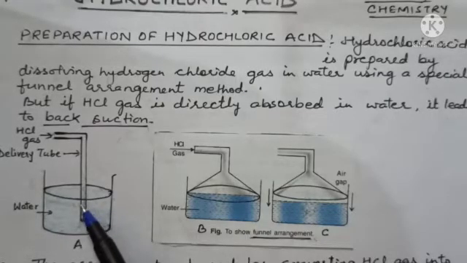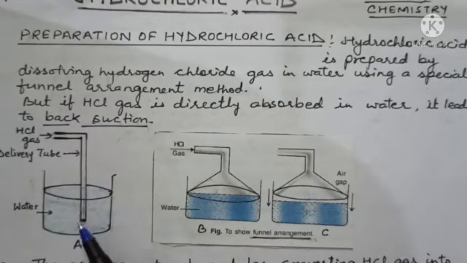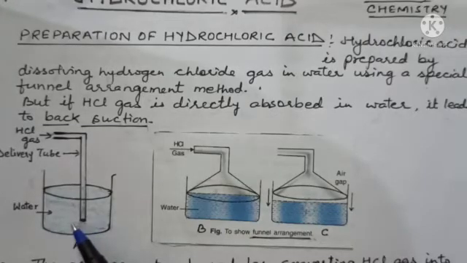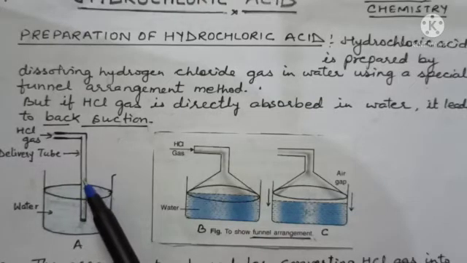And then a partial vacuum is created in the tube. Because of this partial vacuum, the pressure outside being higher causes water to be pushed up into this delivery tube and damage the apparatus. And this is called back suction.